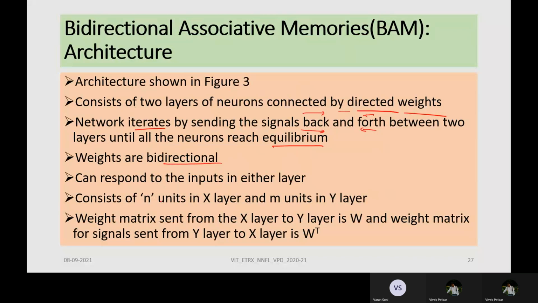There are n units in the input and m in the output, where n may not be equal to m because it is a type of heteroassociation.